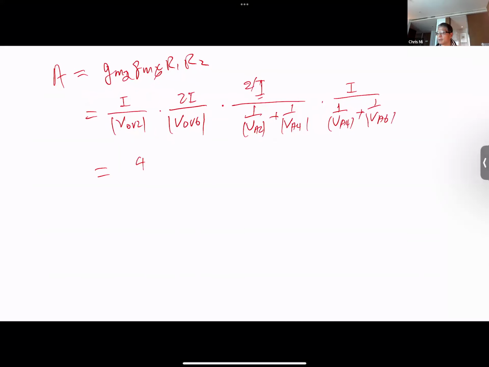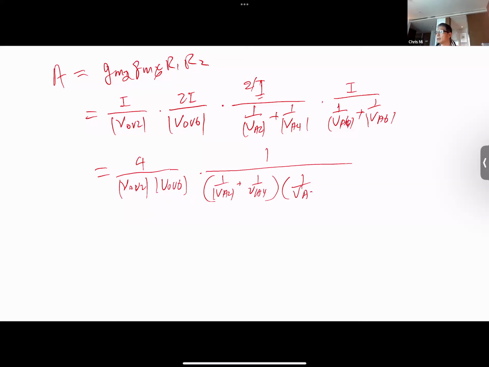So it's going to be 4 times VOV2 times VOV6, and times these two numbers here, times this one here is 1 over VA2 plus VA4, and we have VA6 plus VA7.